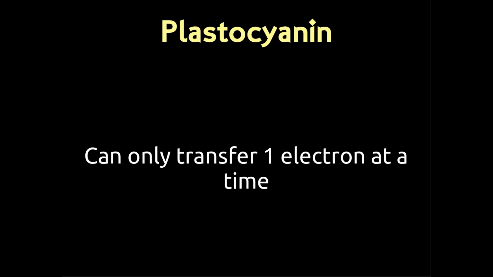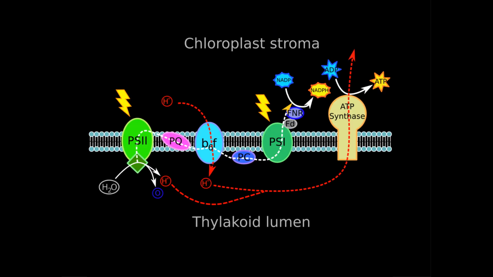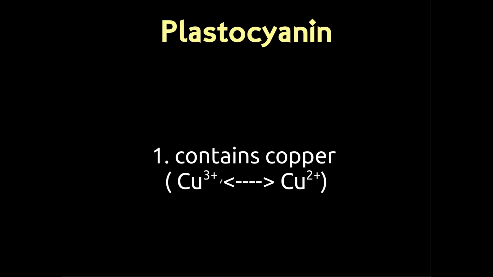Plastocyanin can only transfer 1 electron at a time. It is sitting right here, and it transfers between cytochrome B6F and photosystem 1. Cyanin literally stands for a bluish color, but the name is often given to molecules that contain copper.